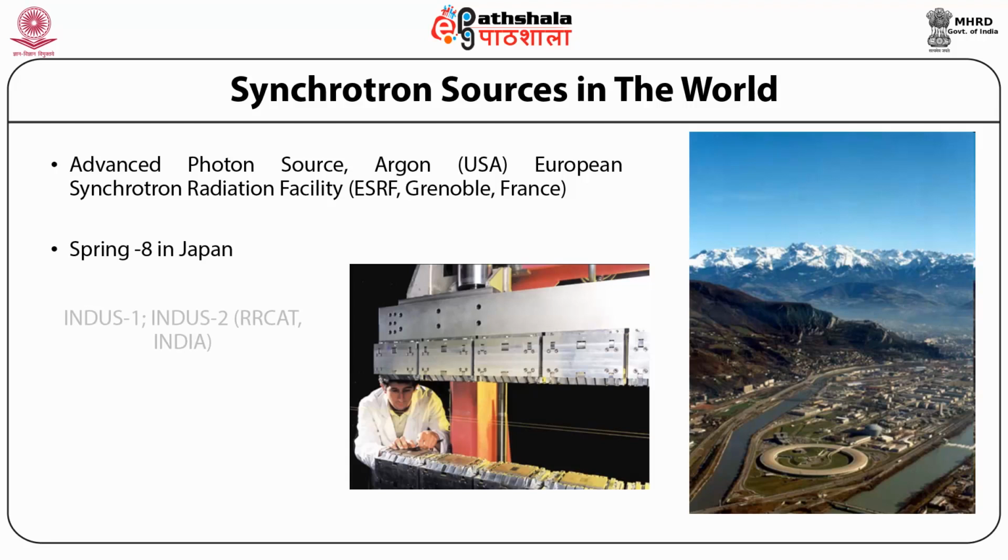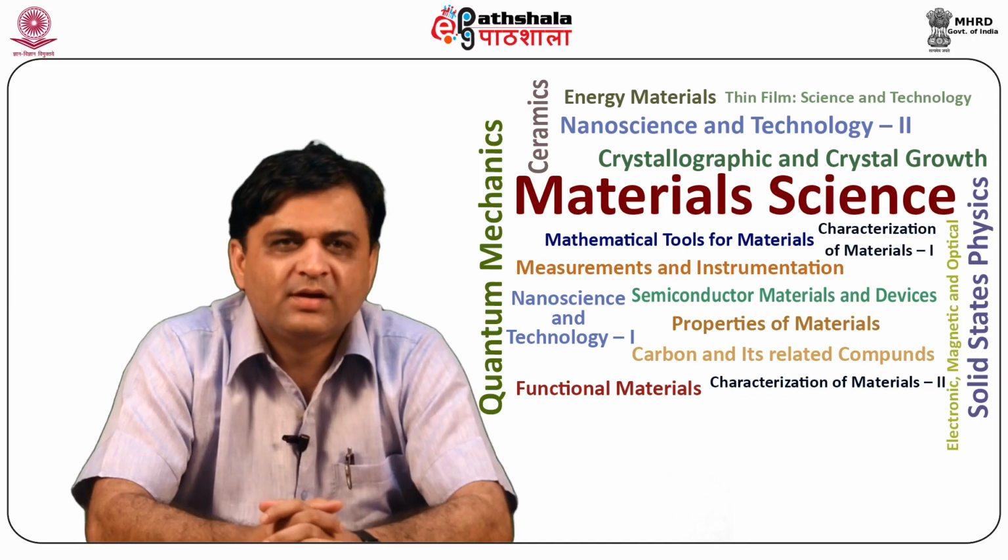And in India we have the Indus-1 and Indus-2 beamlines at RRCAT. These are strong X-ray sources, and we can use them to do surface science, surface analysis, and nanoscience and nanotechnology oriented work.